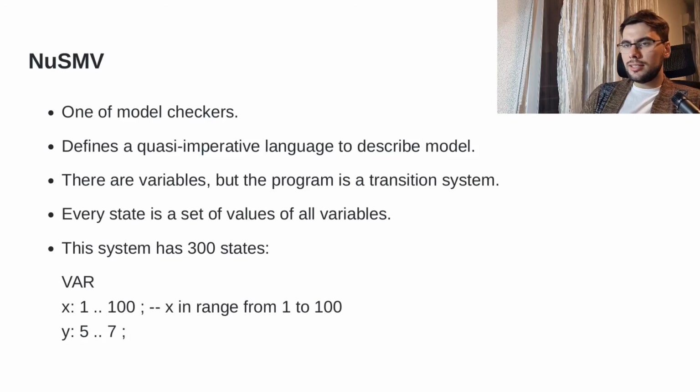One is x, the other is y. X varies from 1 to 100, y varies from 5 to 7. So the system with only these 2 variables will have 300 states, because one variable has 100 possible states and another variable has 3 possible states.